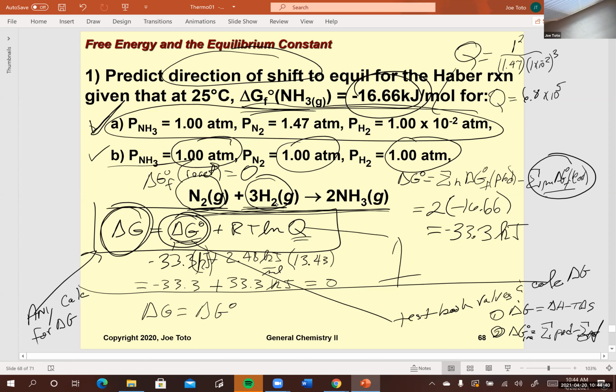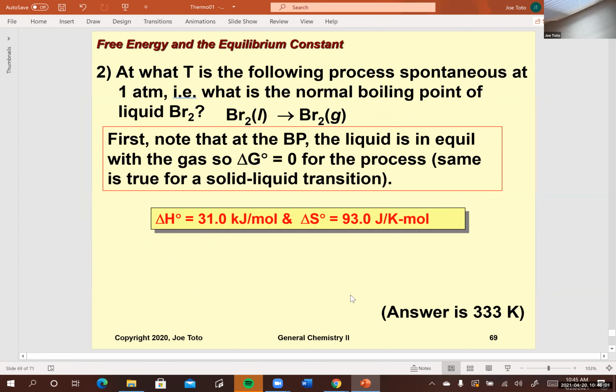What happens if you're not sure that it's at standard? Then you use this equation to calculate possible non-standard delta Gs. Any questions on that? So that last equation is a little more general.